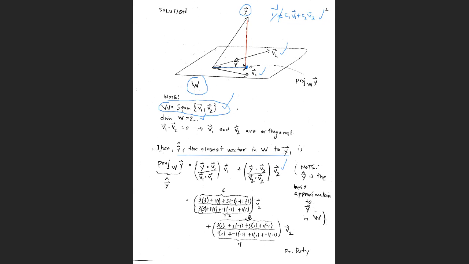So what I do is I compute the projection of the vector y onto subspace W, that's called y hat, and I do the math here, just to show you Dr. Duty can do the math.